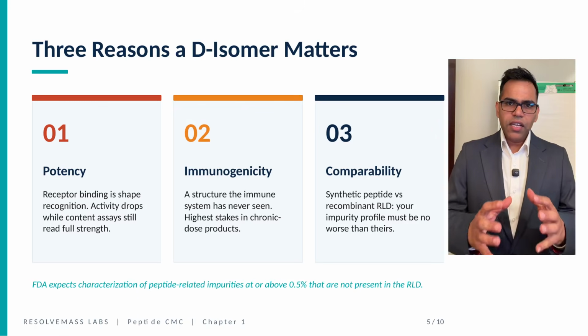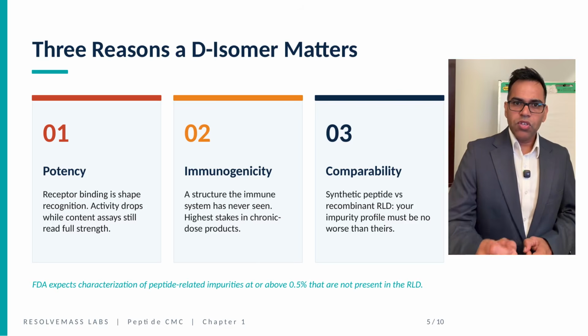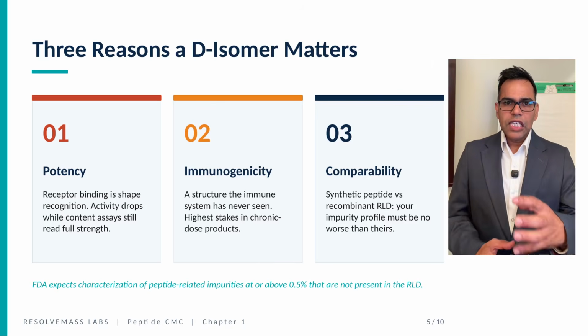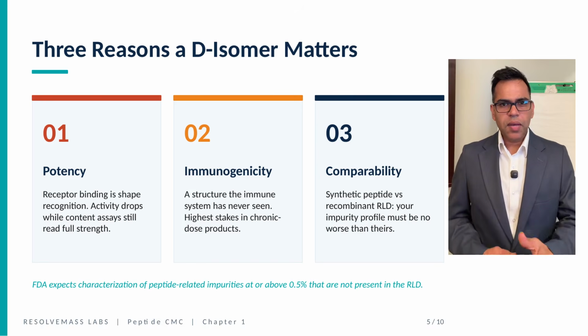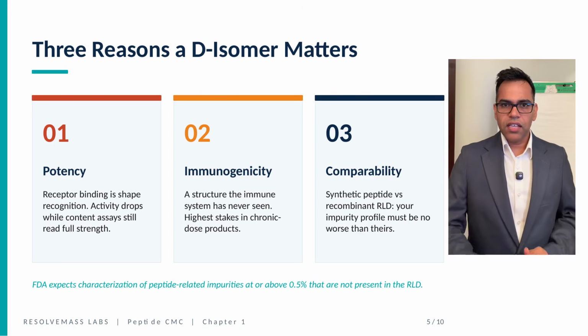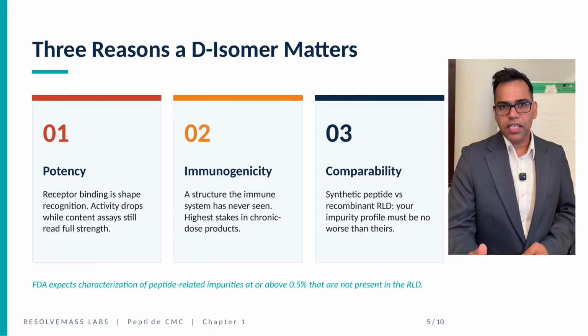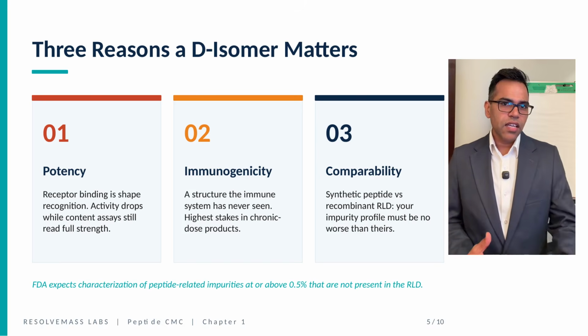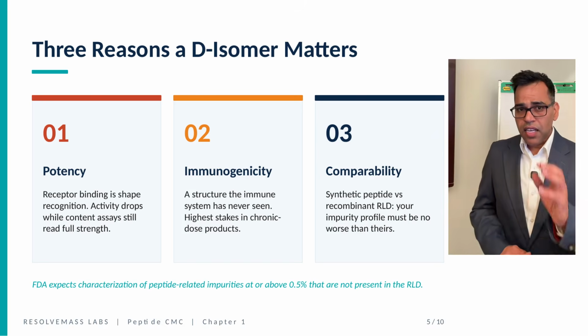Now, why does a D isomer matter? One flipped stereocenter matters for three concrete reasons. First, potency. Receptor binding is a shape recognition, and a D residue in a binding region can cost you real activity while your content assay still reads full strength. Second, immunogenicity.